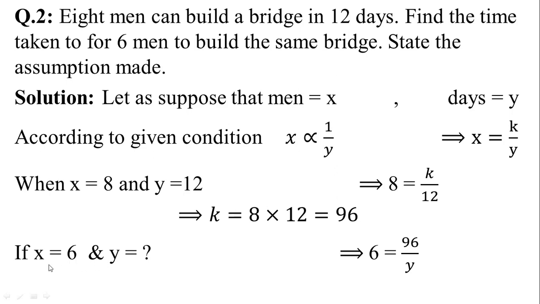X is equal to 6 and y is equal to question mark. Then 6 is equal to 96 upon y. Y is equal to 96 upon 6. 96 divided by 6 is equal to 16 days. So when men decrease, days increase. This relation shows inverse proportion.